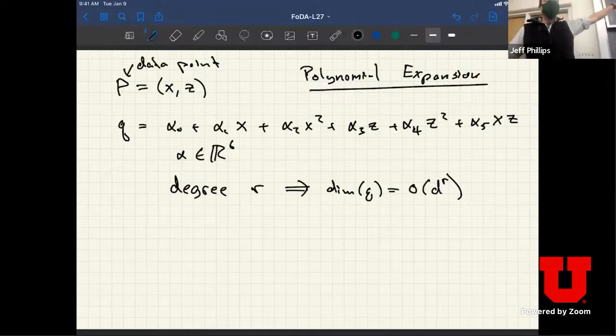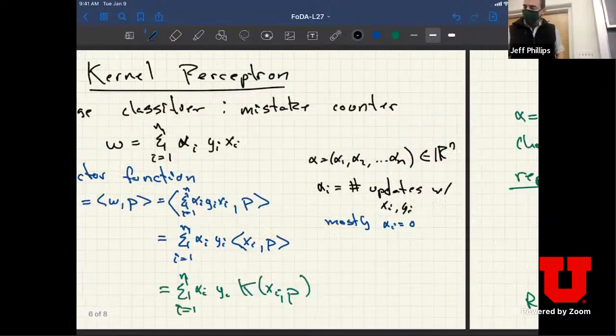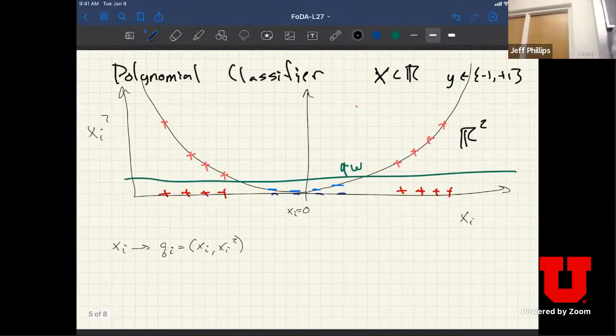But once I've done this, I get just a linear model again. And so doing this will also give me a nonlinear classifier. I can now run on my data set after it's been expanded, and find a linear classifier in that space, and I get a picture that looks like this.